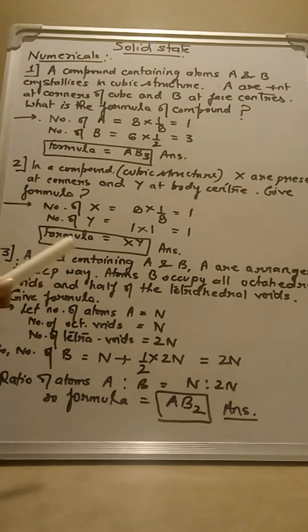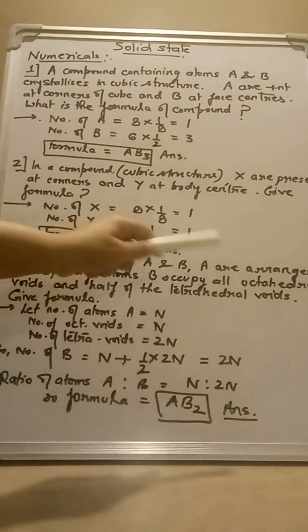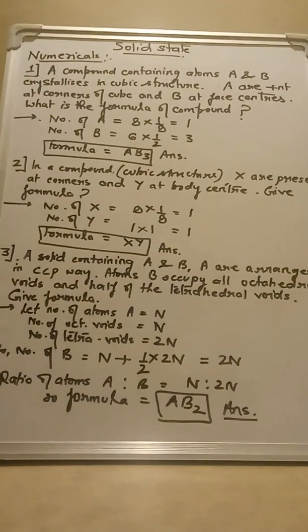So probably in this question, A are the anions and B are the cations which are going into the voids, right? So first we will find out the number of A and B, their ratio, and then we will find out the formula.